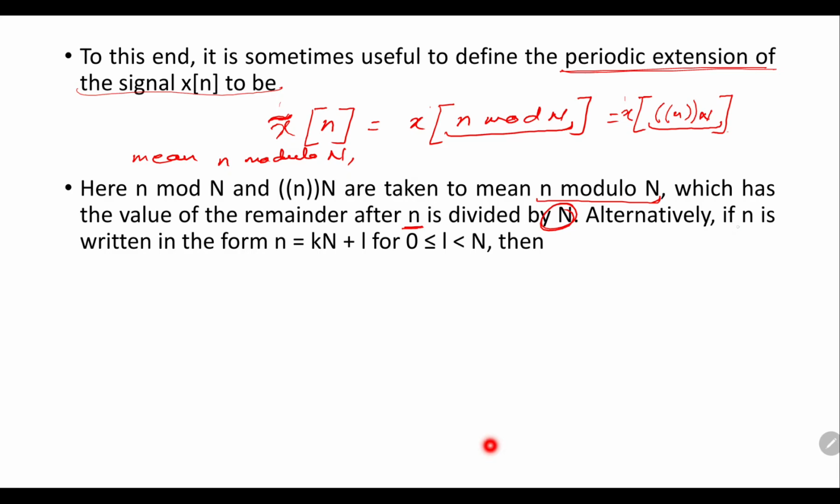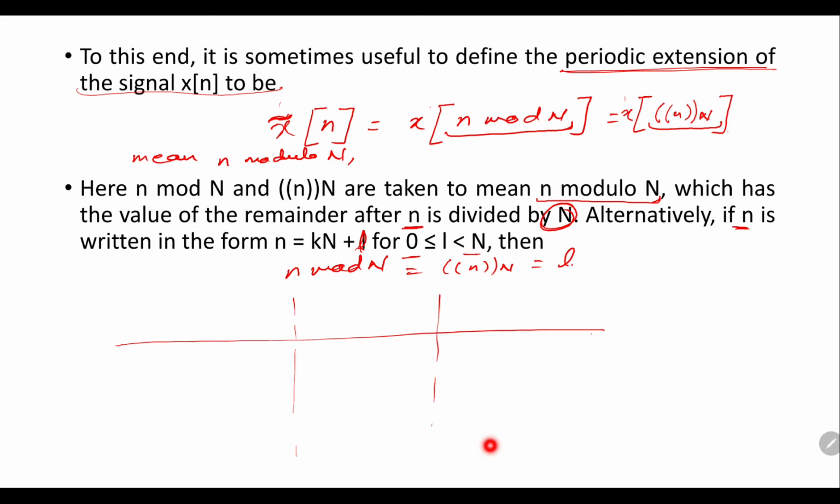Alternatively, if n is written in the form n equals kN plus L, for L from 0 to N minus 1, then n mod capital N is simply equal to L. So if there is a discrete signal like this, starting at 0 up to N, this is the simple x[n].